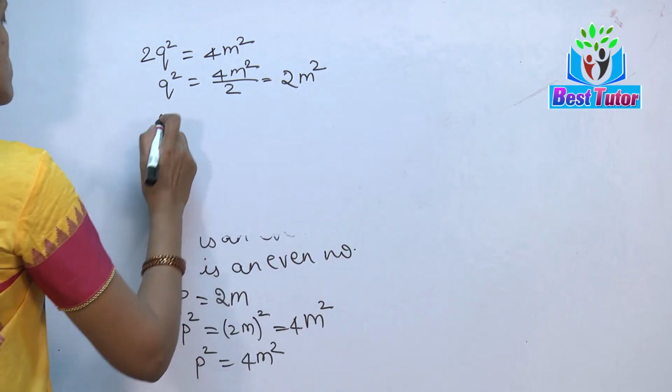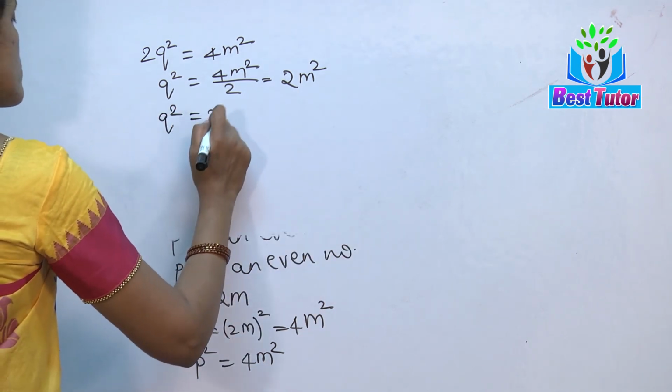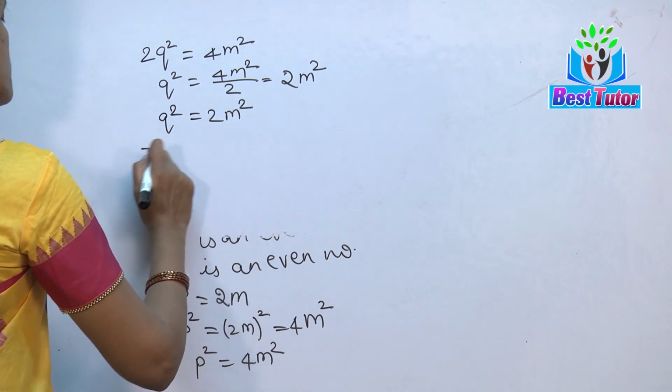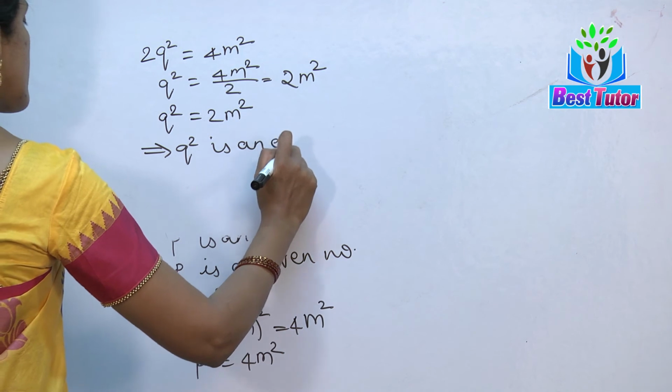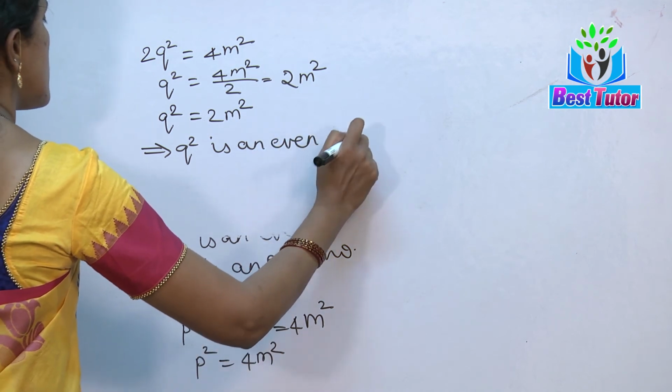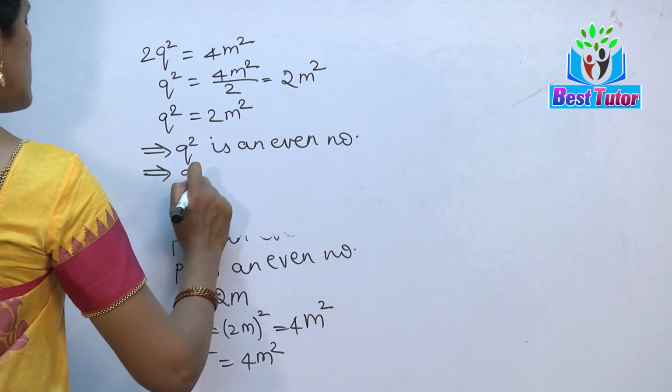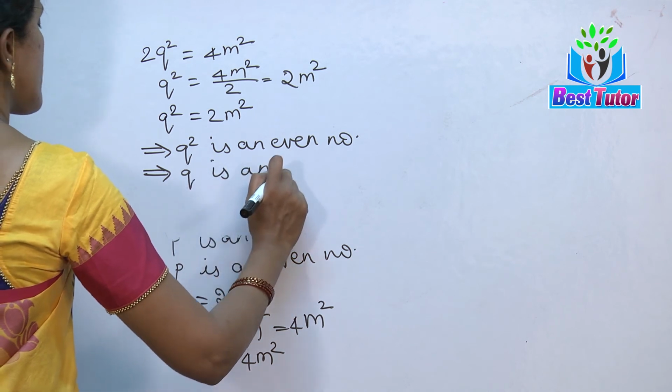Hence we have got q square is equal to 2m square. This implies q square is an even number. If q square is an even number, q is also an even number.